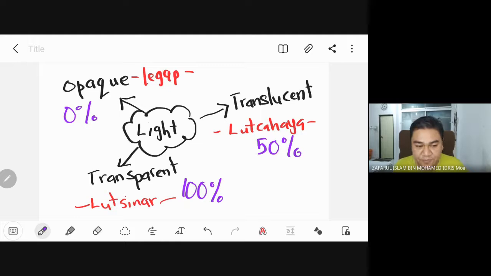Okay, look. Transparent object allow, allow tu maksudnya membenarkan. Allow the light to tembus dia. Okay. Untuk tembus, tembus kita panggil apa, pass. Okay, to pass through it. Okay.